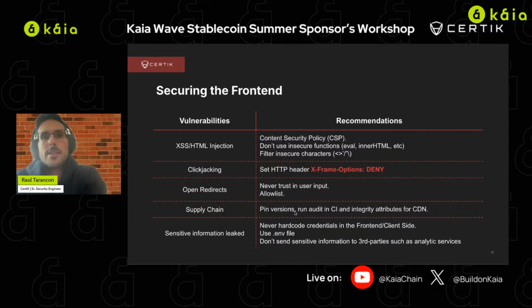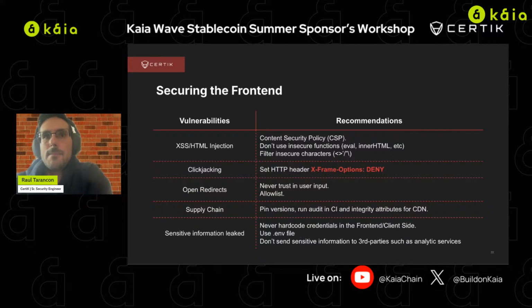The next vulnerability is supply chain. To fix this vulnerability, we should pin versions of our libraries, run audits in continuous integration, and for those scripts that we use in our HTML from CDNs, we should set the integrity attribute.